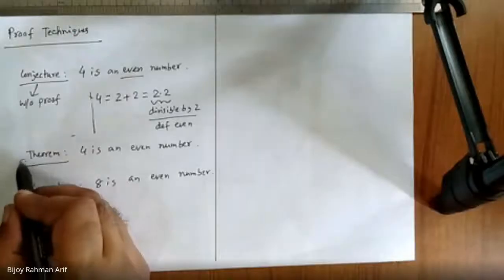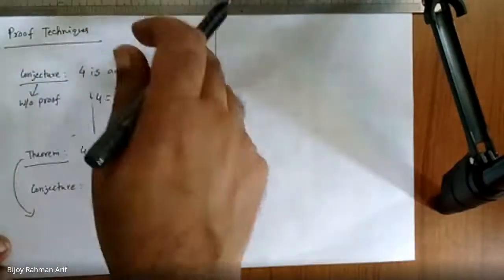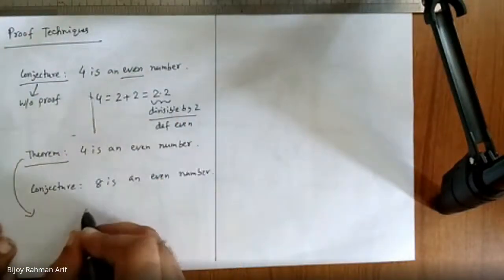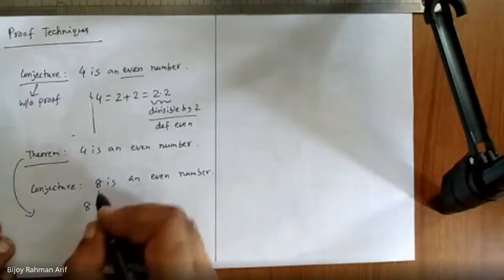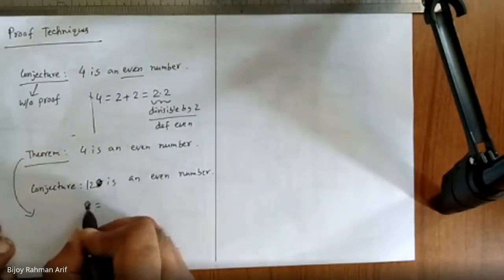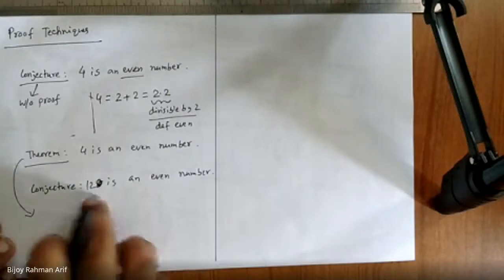We can use this theorem. We do not need to go very basic, because we have already proved this. Let's make it 12, since 8 is too small. 12 is an even number.